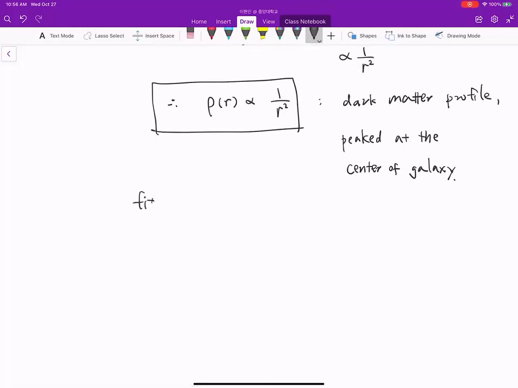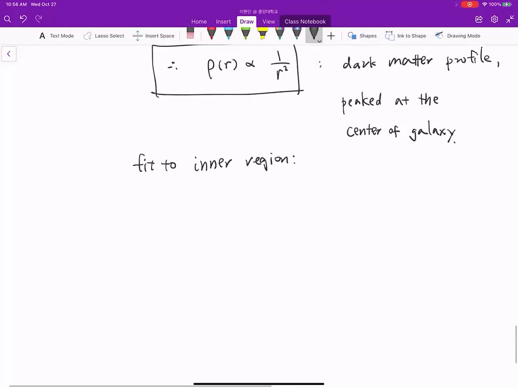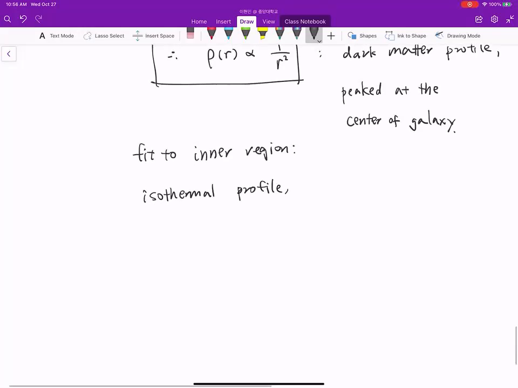If you fit to the galaxy rotational curves inner region, so normally we took the isothermal profile, just a simple, phenomenological modification of this dark matter profile.